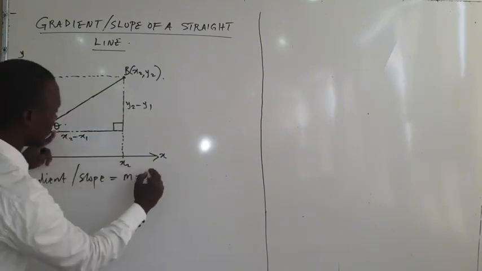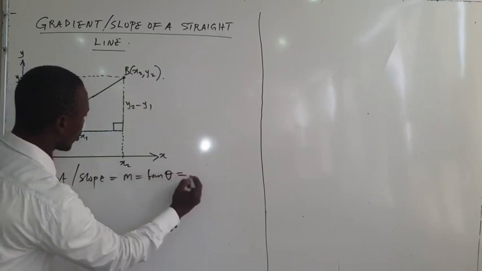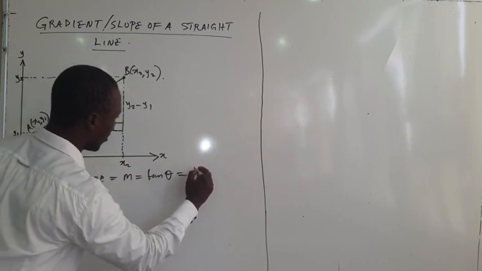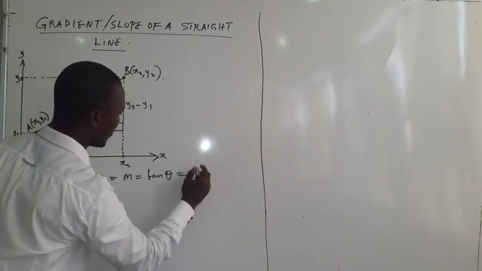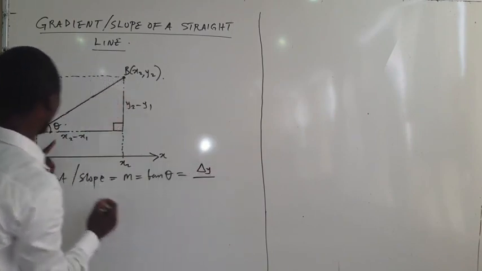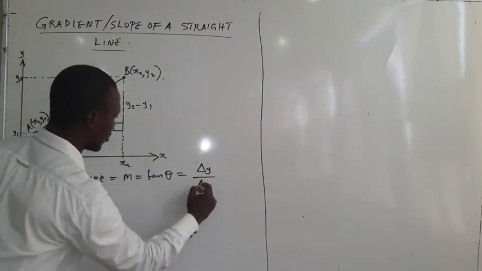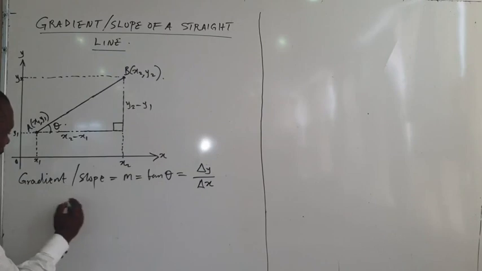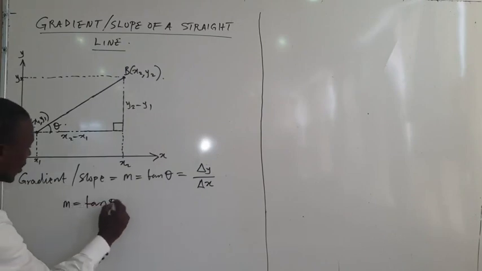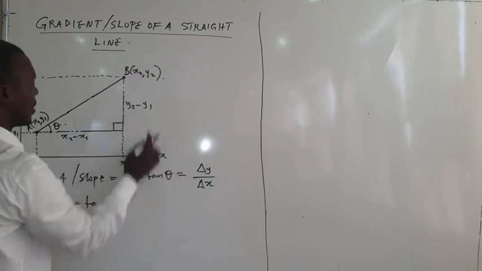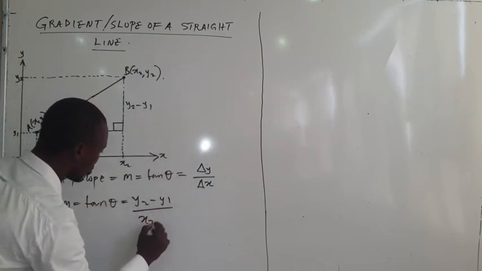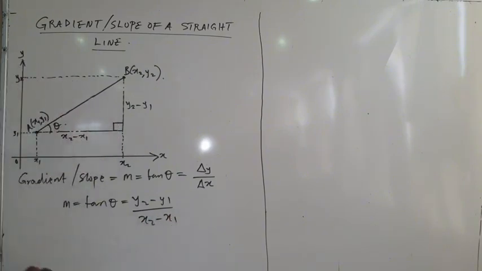Tan theta equals opposite, that is, the distance along the y-axis, which is the change in y, all over the change in x, adjacent to theta. So we now have m, which is tan theta, equals change in y, meaning y2 minus y1, all over x2 minus x1.